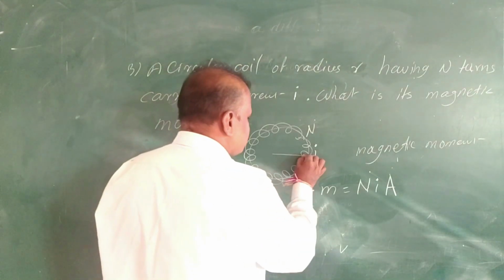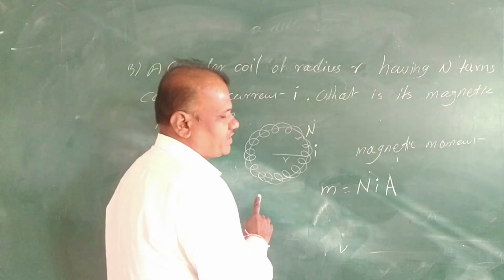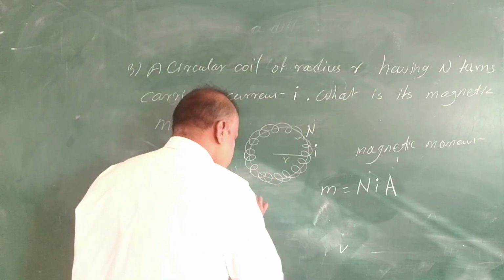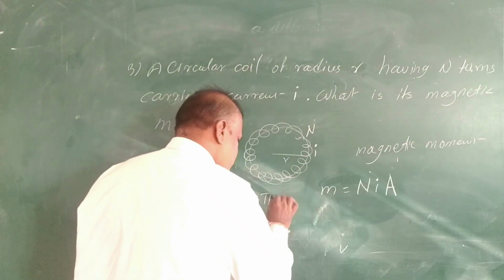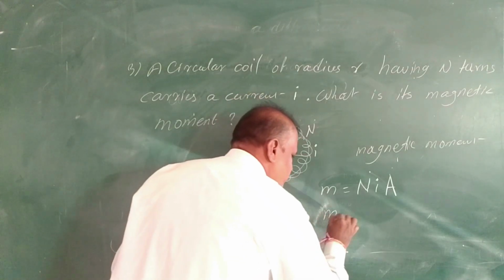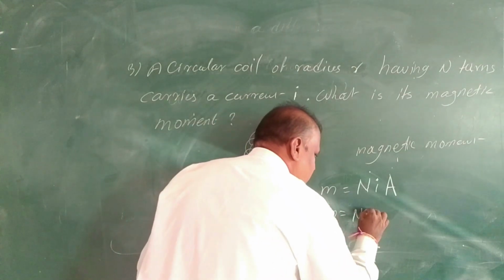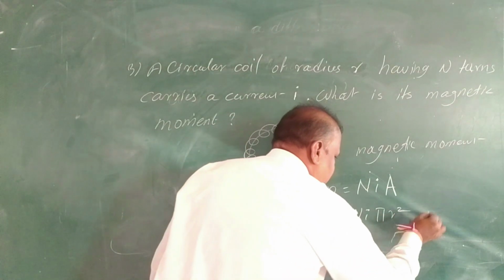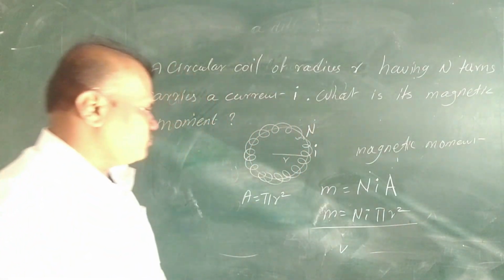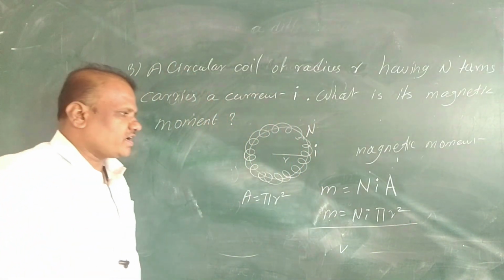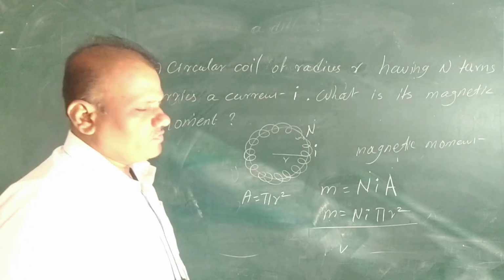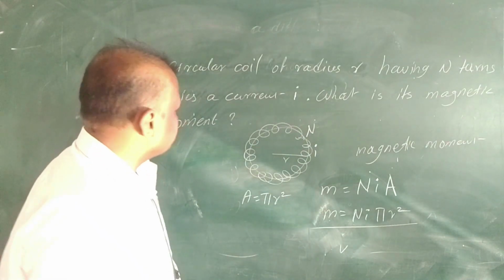If small r is the radius of the circular wire winding, the area of this coil, as it is a circle, is pi r square. So m equals capital N I pi r square. This is the magnetic moment generated by a circular coil when I amount of current is flowing through the coil.